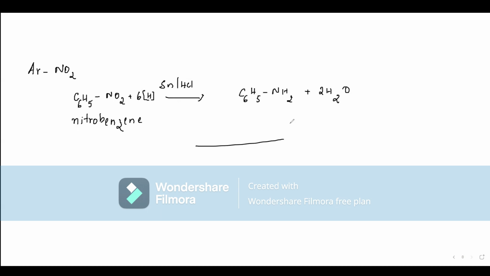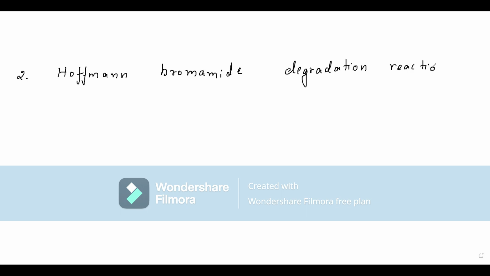Okay. So now the second and one of the important methods of preparation of amines is the Hofmann bromamide degradation reaction. Now, in this, primary amines are prepared from amides.